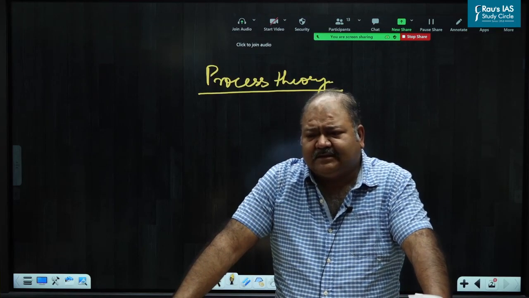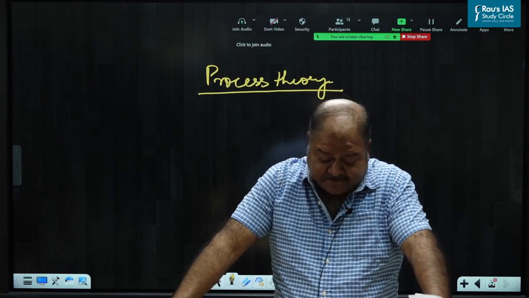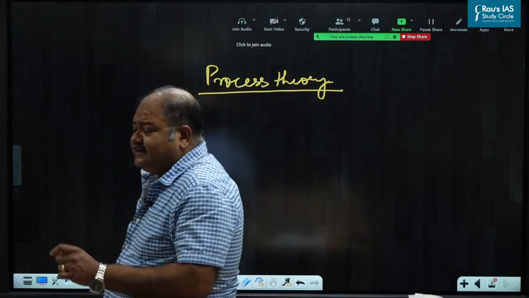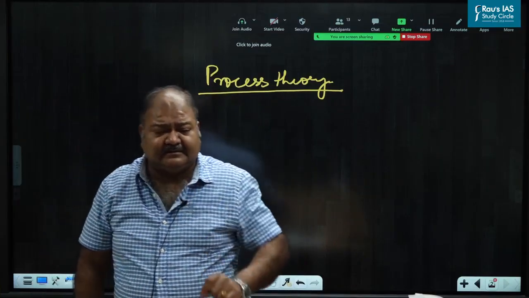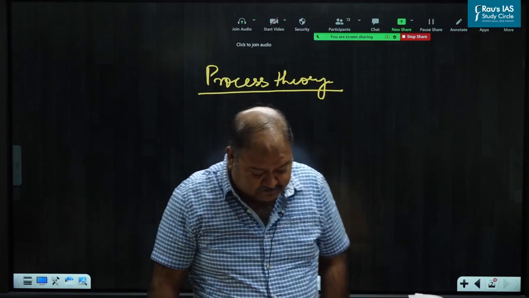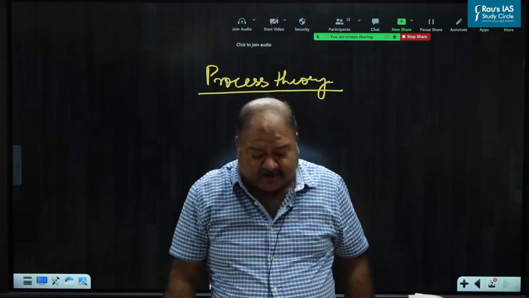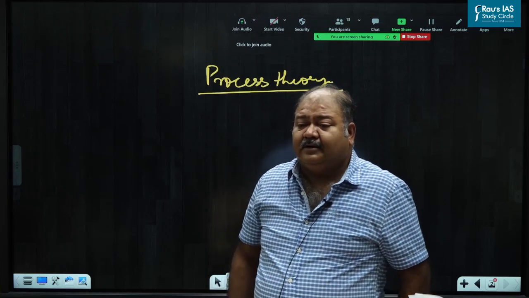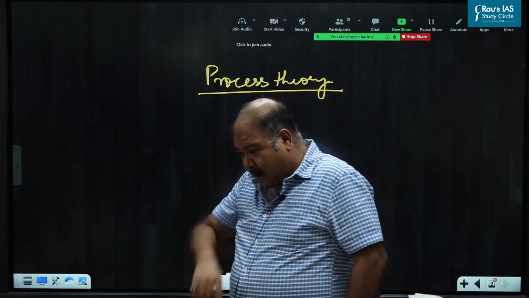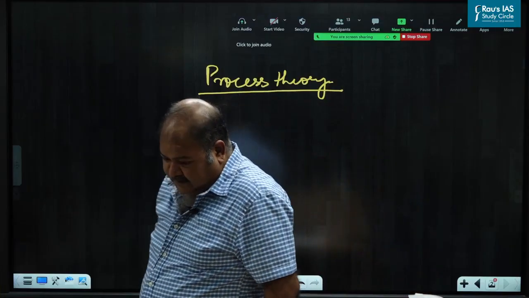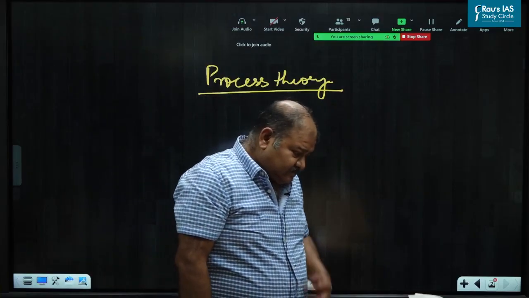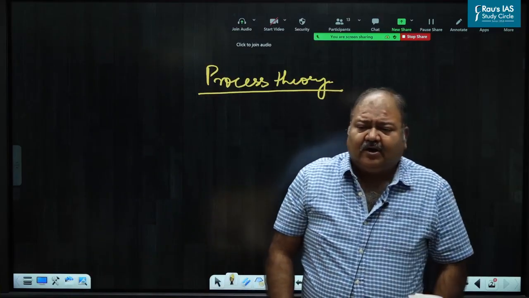Process theories are based on the premise that our intellectual functioning does not depend upon the cognitive resource or content.